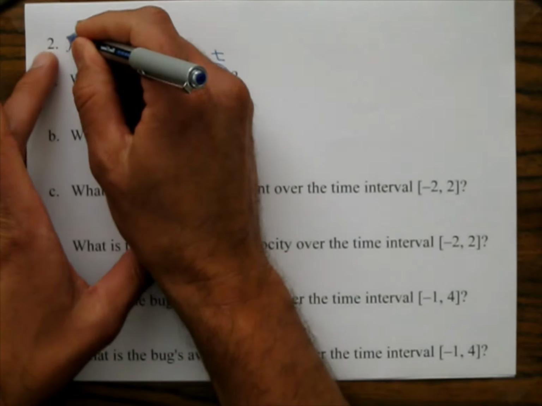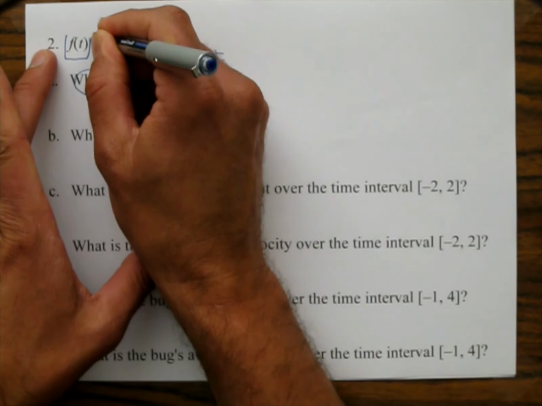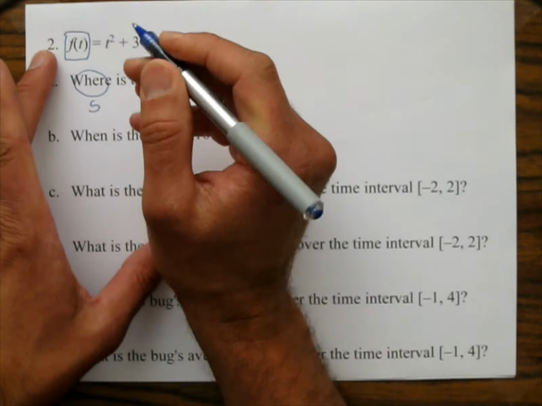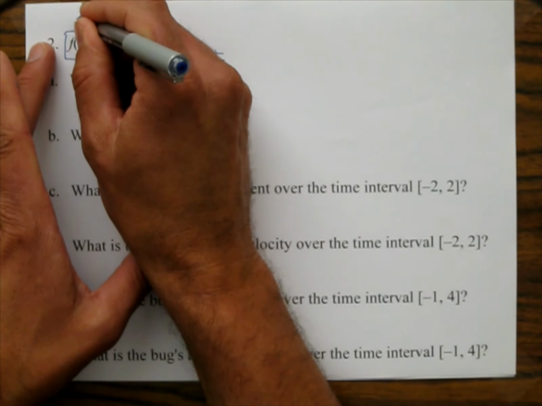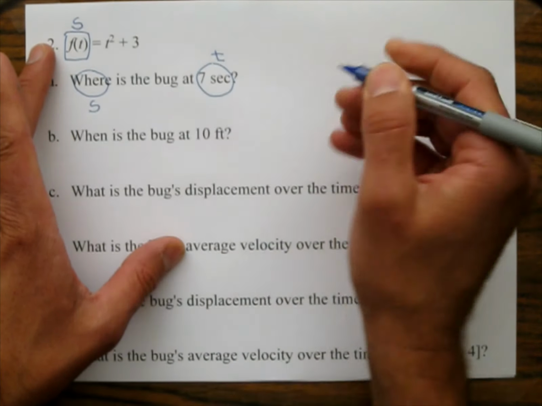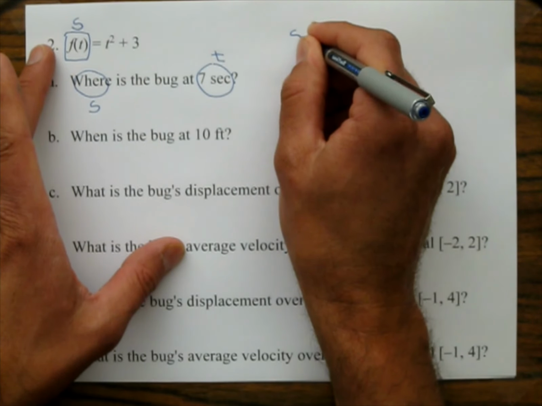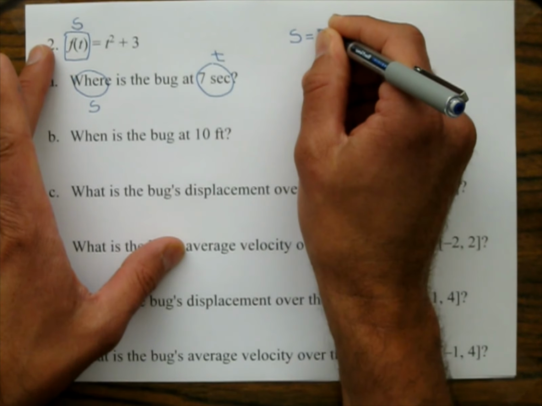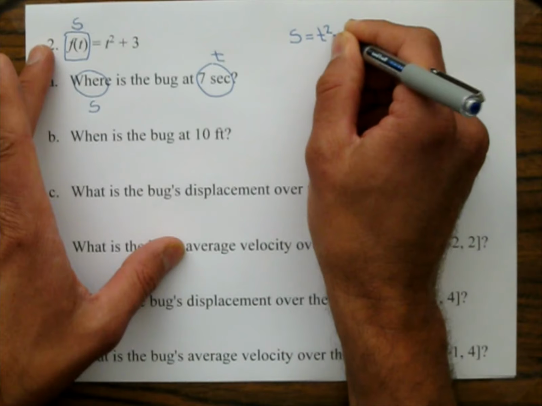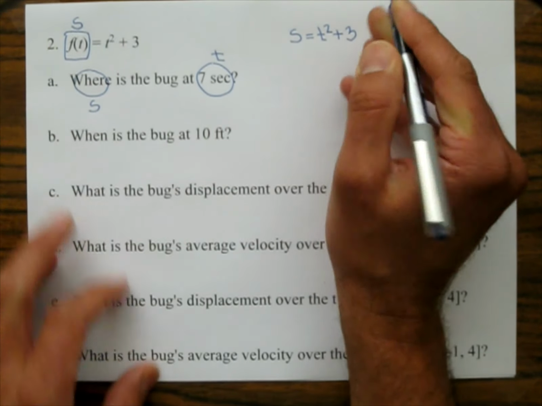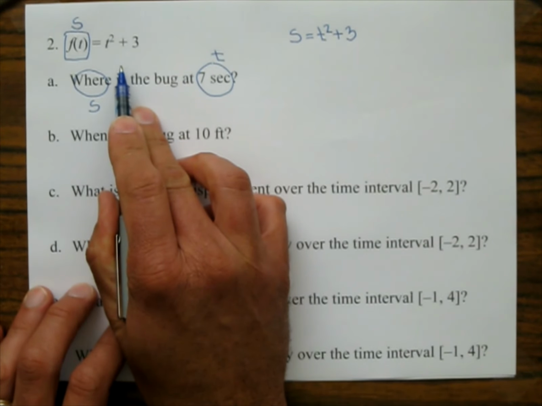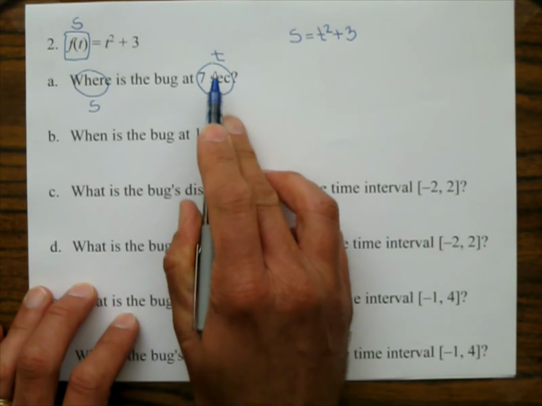Now, you could also say, oh, this f of t, you know how we replace f of x with y? Well, this f of t can be replaced with an s. So if it makes you a little happier, you can say that s equals t squared plus 3. That's the same thing. So they give us t equals 7. Let's plug it in there.